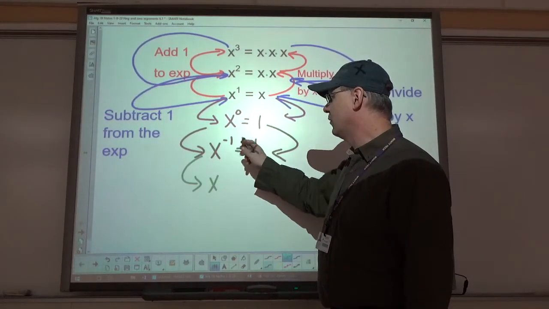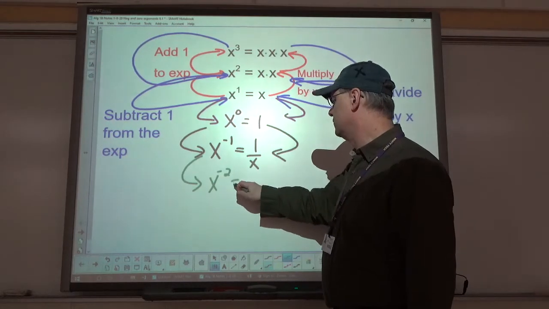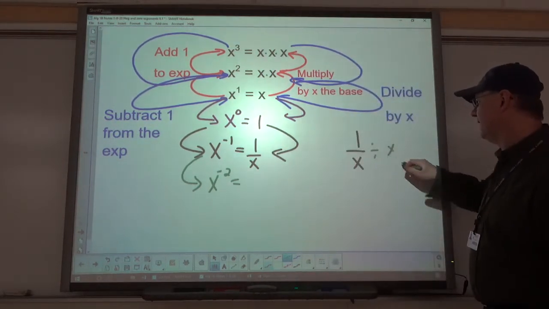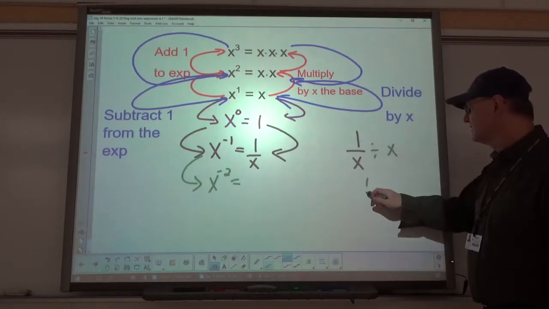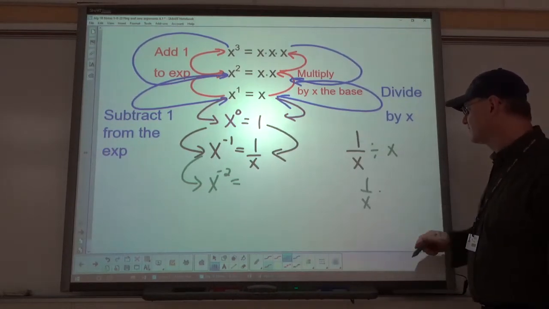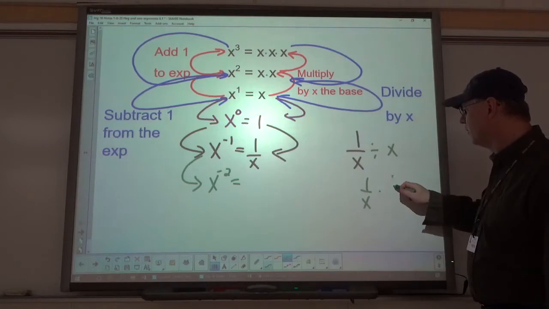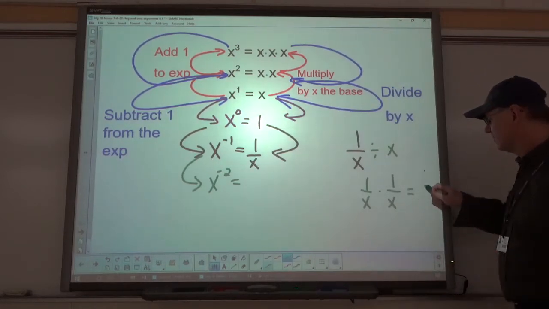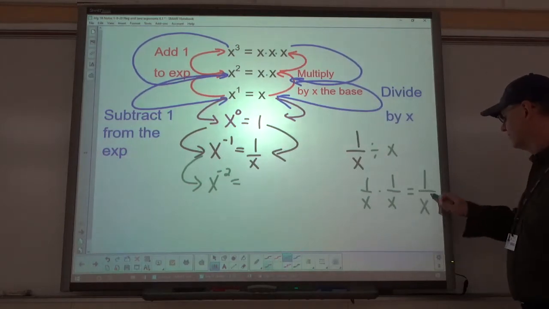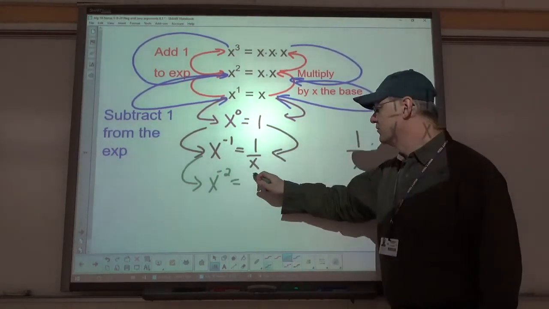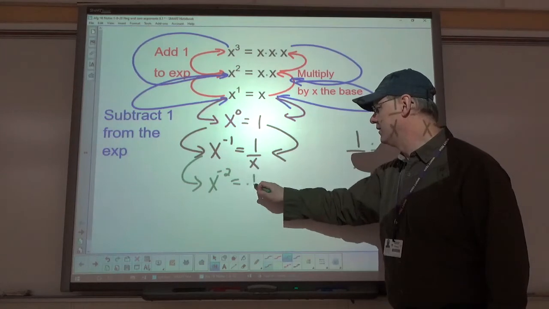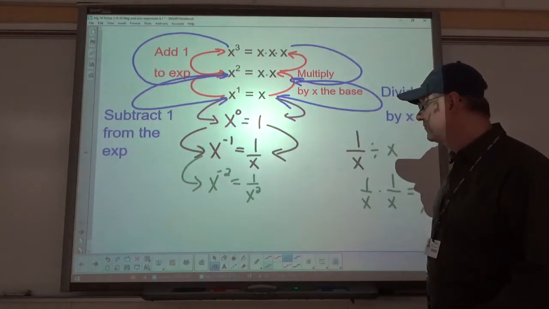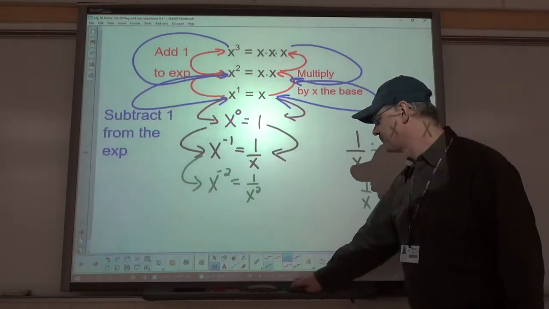X to the negative 1 minus 1 is negative 2. Now, if I took this and divided it by x, that's the same, when working with fractions, as multiplying by 1 over x. I multiply the tops together and the bottoms together, and I end up with x to the negative 2 is 1 over x to the positive 2. More interesting.